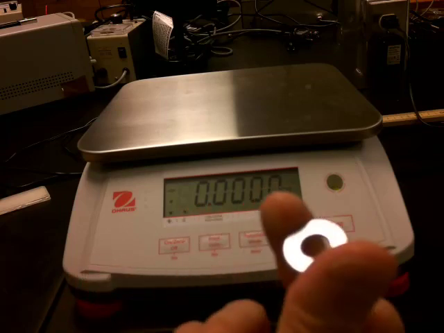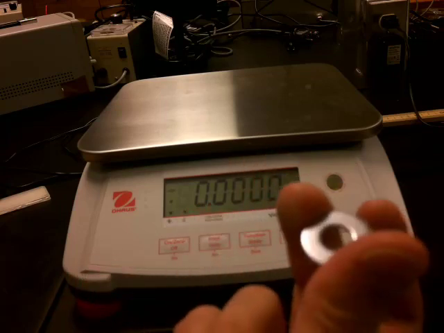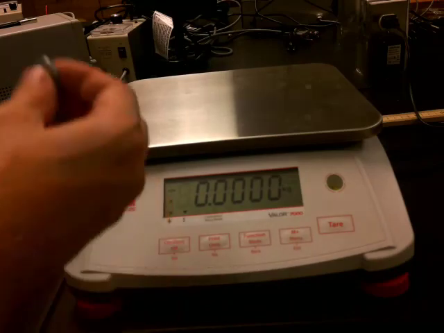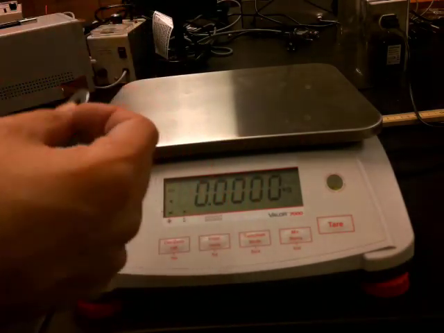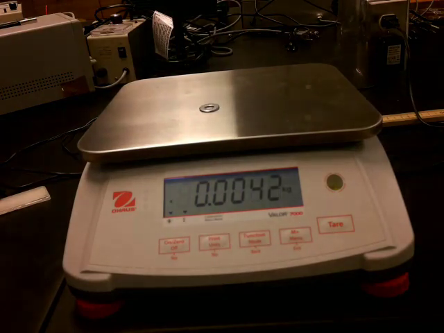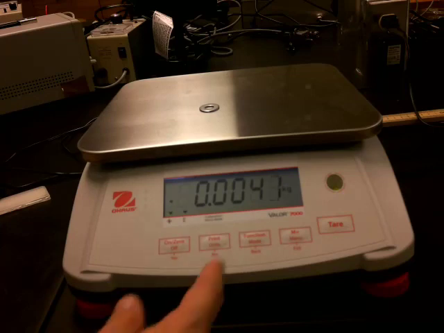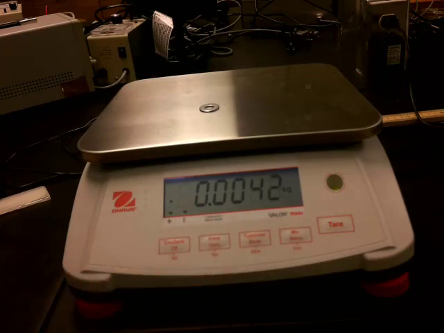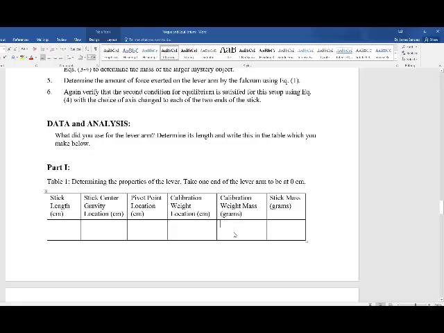We're basically going to use these washers as our calibration weights, but you have to know what the mass of your calibration weight is. Okay, so step 1 is get the mass of the calibration weight. This mass that's showing is actually in kilograms, so this comes to 4.2 grams.